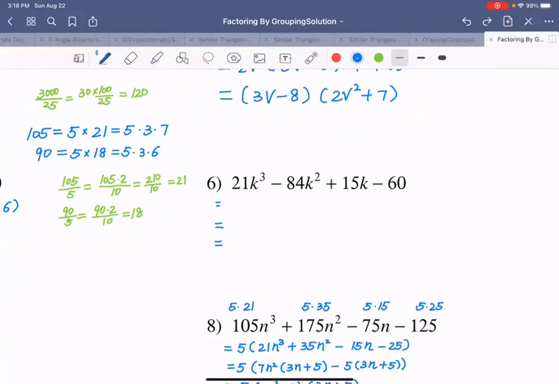Okay. The common factor is 3. Wait, no, it's 7. Look, this guy is 7 times 3. This guy, 84. 84 divided by 3 is how much?